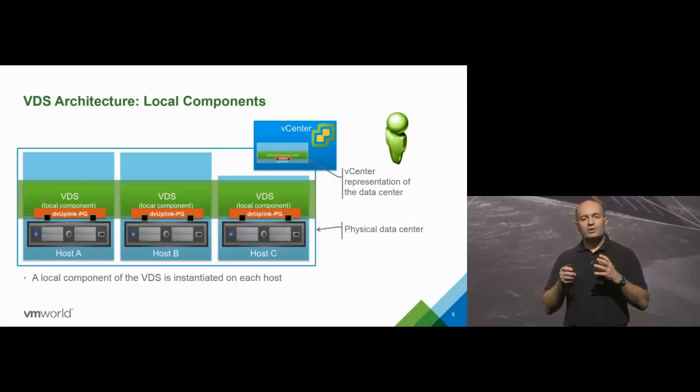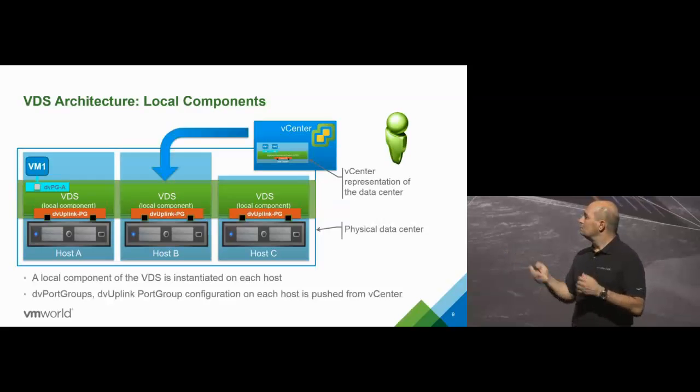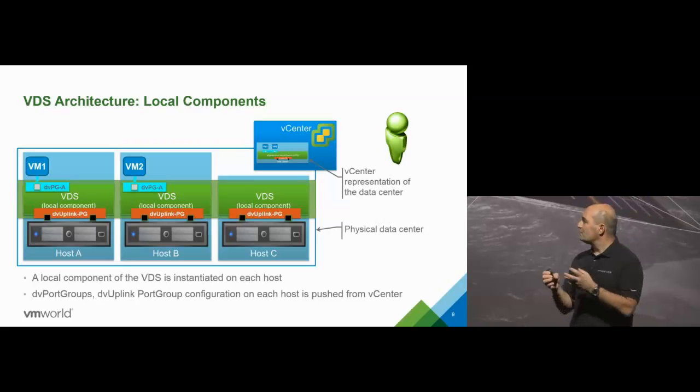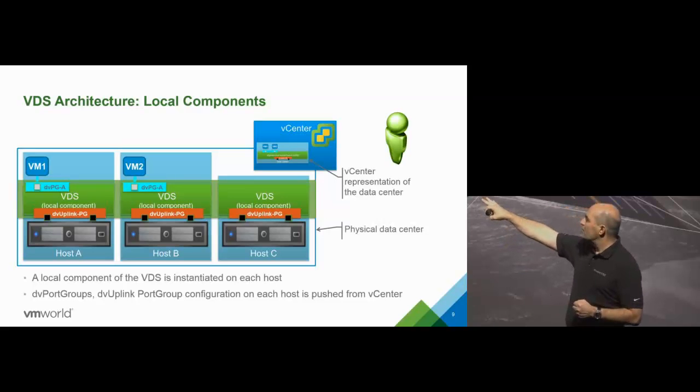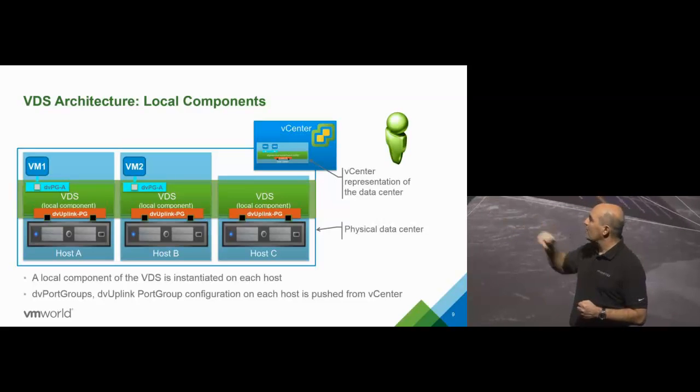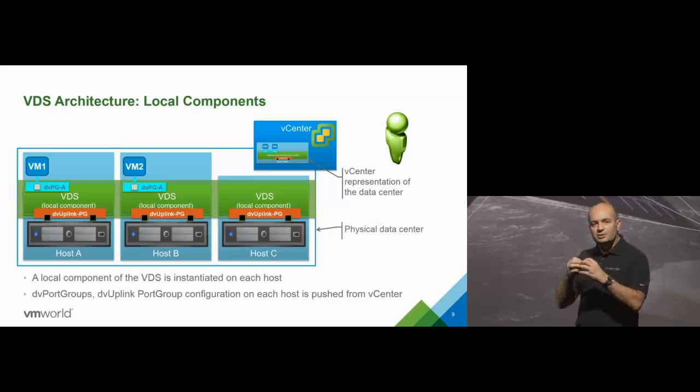Nothing groundbreaking right now. So again, the beauty of the VDS is this centralized management. What you used to do on a per host basis, now you can do it globally on your network. So for example, here I am managing two virtual machines that are attached to one blue DV port group A. This is something that you create. It looks like those two virtual machines are attached to, again, a single switch from the logical perspective.